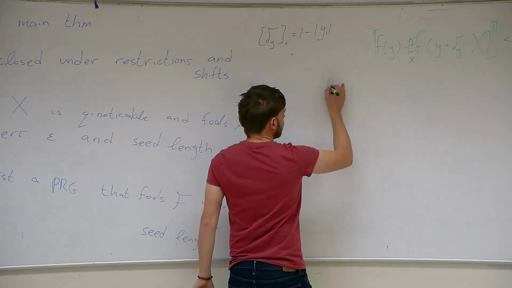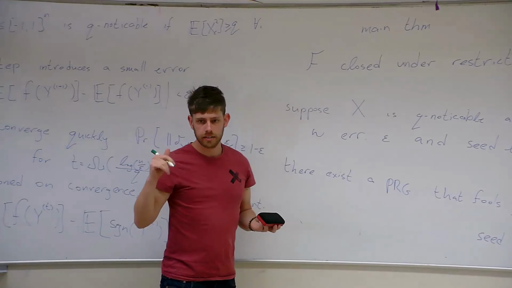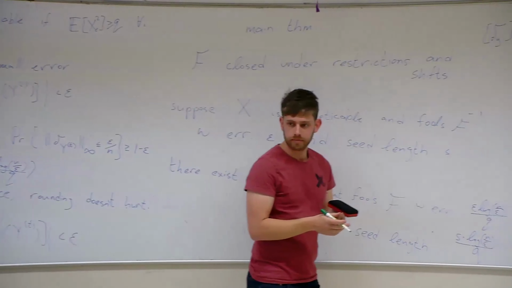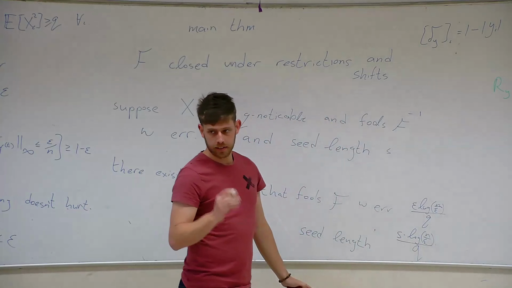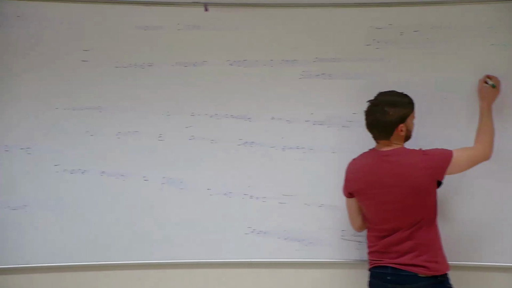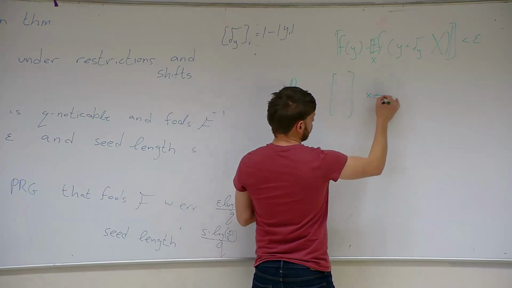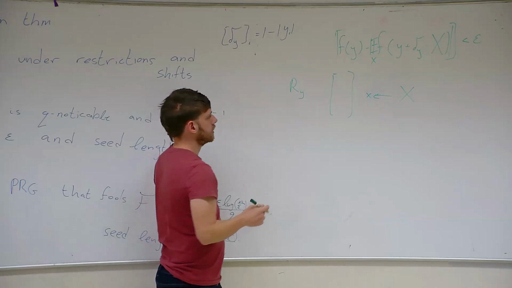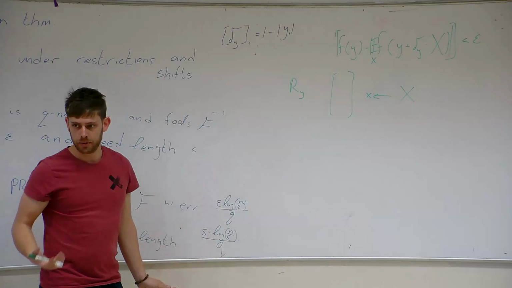Okay, so let's define random restriction in a point y. What's a random restriction? Did we talk about it in this class? We just put some constants instead of the variables. Let's say you have a yet to be determined vector x sampled from x. But now you choose some coordinates randomly and fix some of them randomly too.